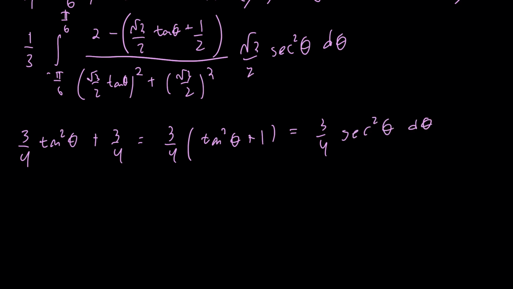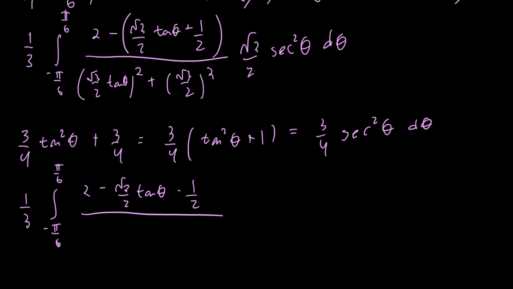So now we have 1/3 the integral from -pi/6 to pi/6 of 2 minus the square root of 3 over 2 tangent theta, then minus a half, divided by the denominator, which is 3/4 secant squared theta, times the square root of 3 over 2 secant squared theta d theta.